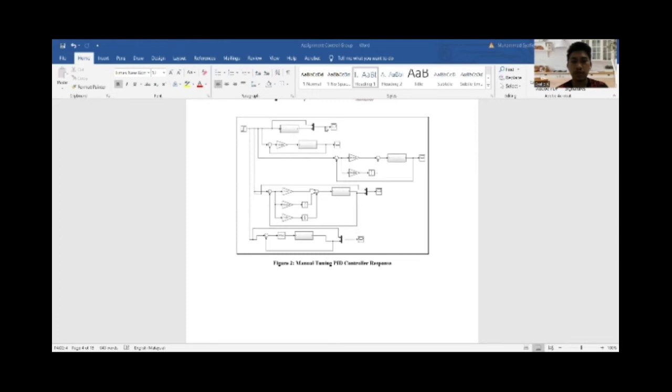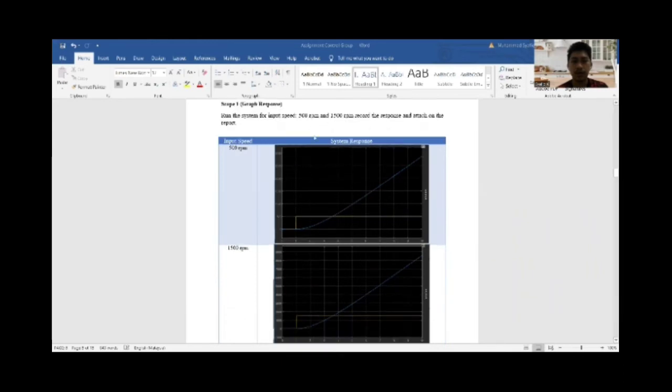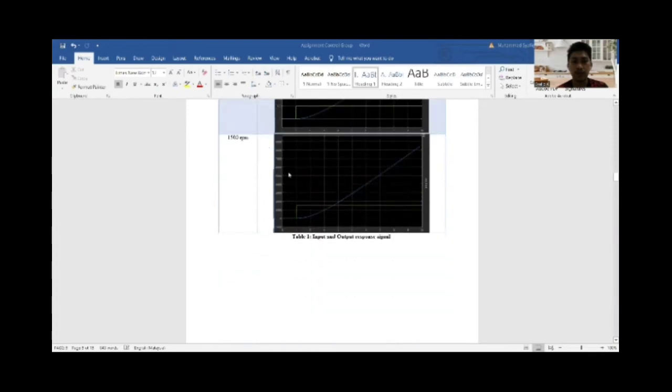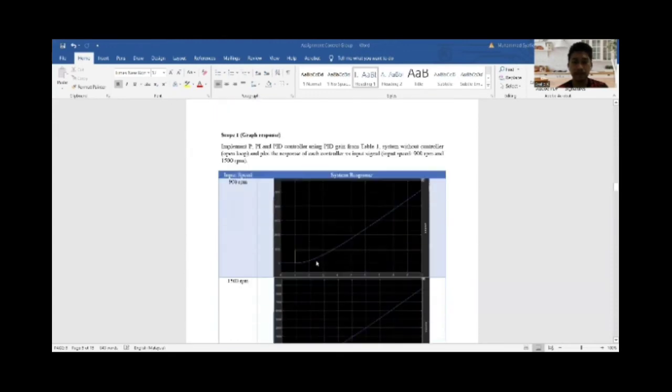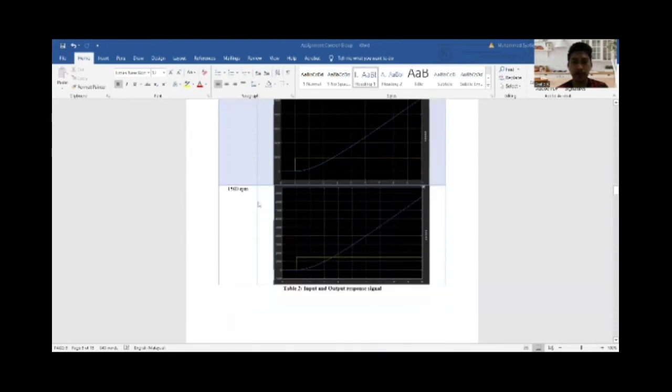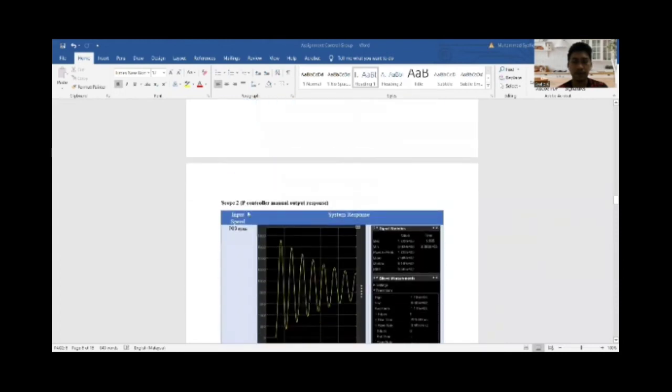This block diagram is for the manual, while this one is for the automatic. Scope one, the graph, is for the input speed, 500 RPM and 1500 RPM. This graph shows the input and output response for 900 RPM and 1500 RPM.